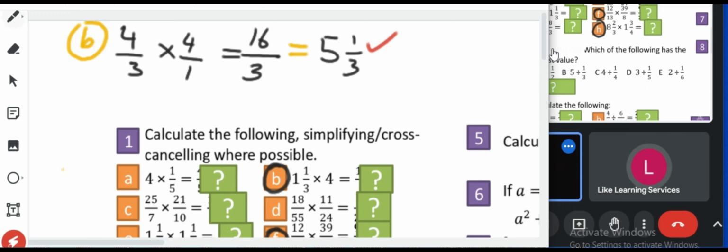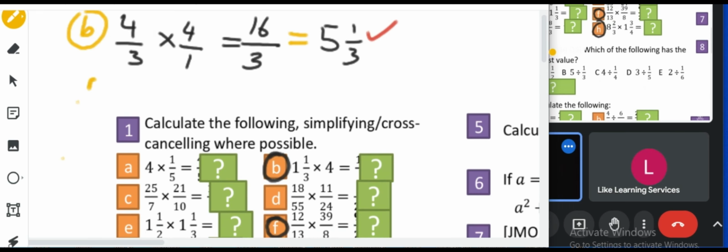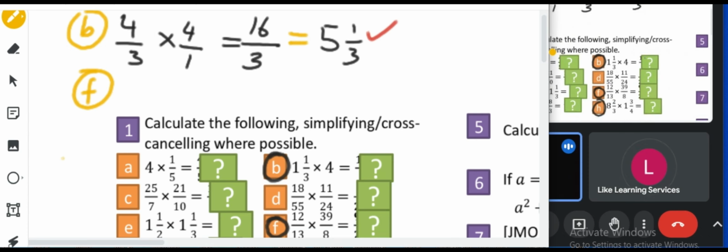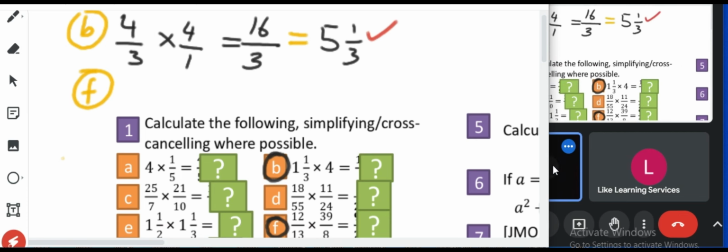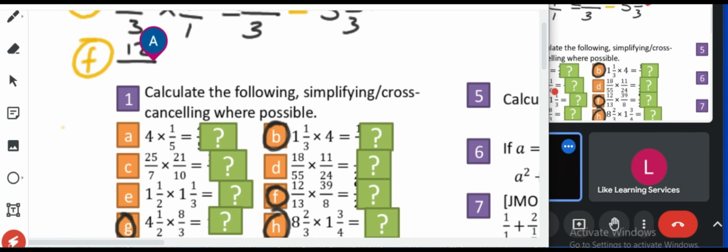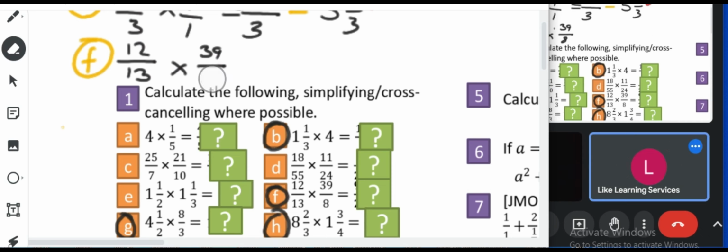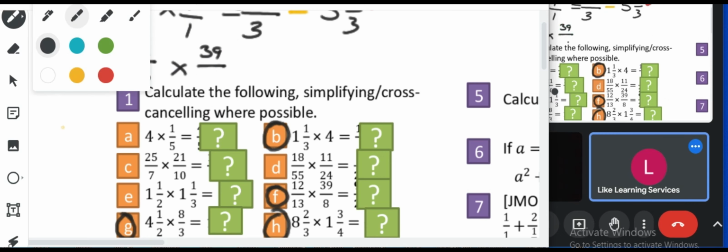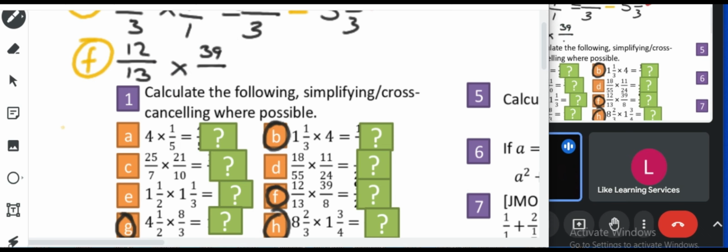Let's do F quickly. Can I cross out 39 to make it smaller?